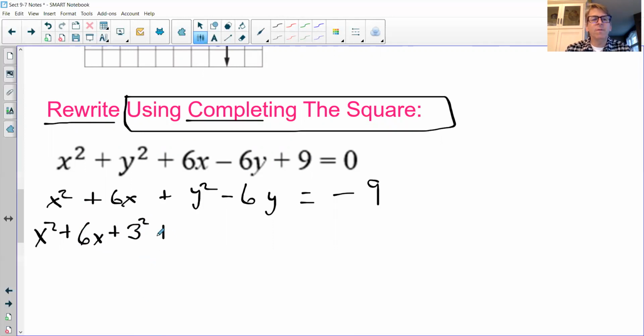All right, so the other part here, the y squared minus 6y, we do the same thing. When you're completing the square, you take your y squared minus 6y. Now you half the minus 6 and get a negative 3, and we add the negative 3 squared.